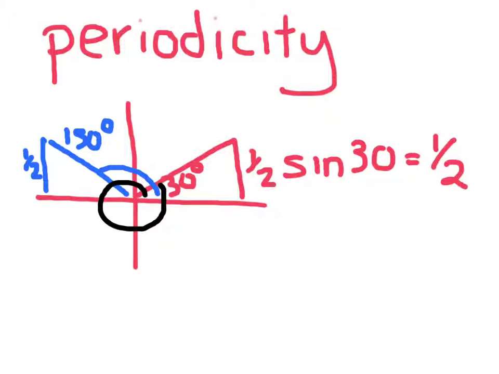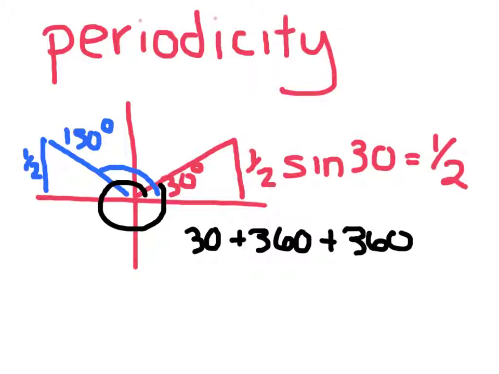So the sine is 1/2 at 30 and 390, and every 360 degrees after that, and the sine is also 1/2 at 150 and 510, and every 360 degrees after that, and we have a specific way of writing that, which I'll show you on the next slide.